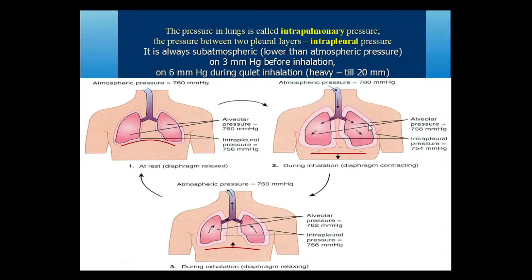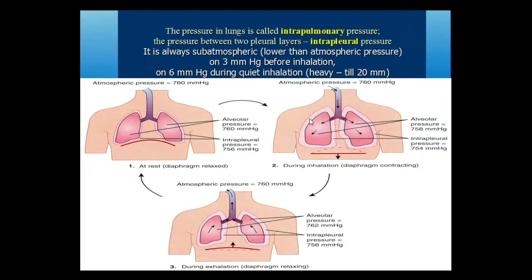This intrapleural pressure is always subatmospheric. It means that this pressure is lower than atmospheric pressure by 3 millimeters of mercury before inhalation.